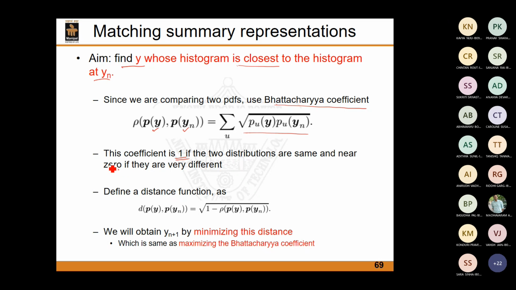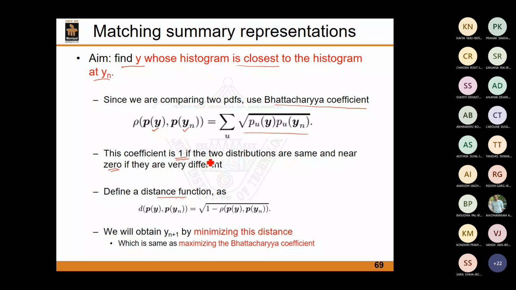Now, what that means is that you can also define a distance function given the Bhattacharya coefficient. As I said, you're trying to find out what the coefficient is, whether it is maximum or minimum. If it is maximum, then the two histograms are similar.